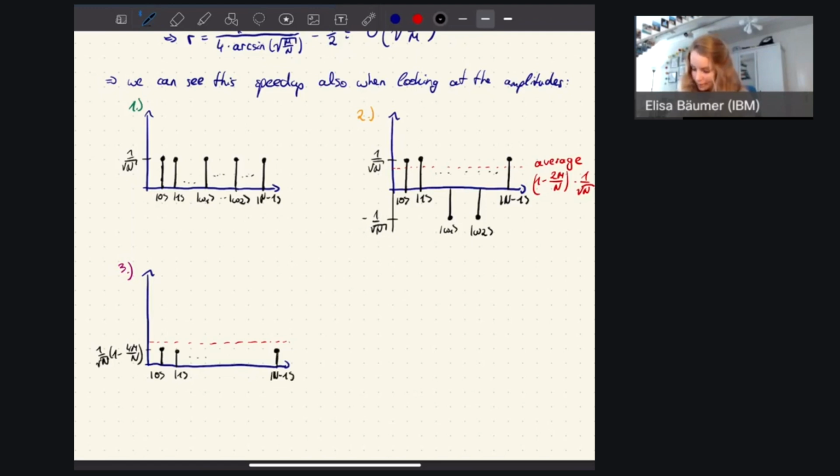While the winning elements will be boosted to, let's say over here, omega 1 and omega 2. It would be 1 over square root of n times 3 minus 4m over n.